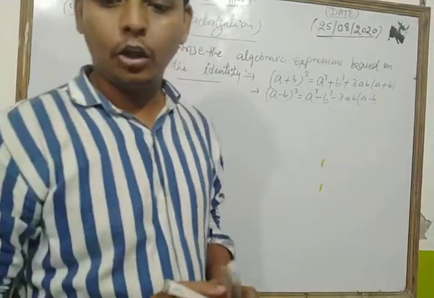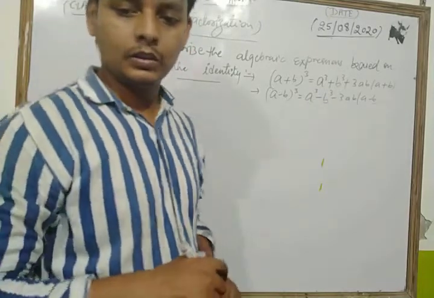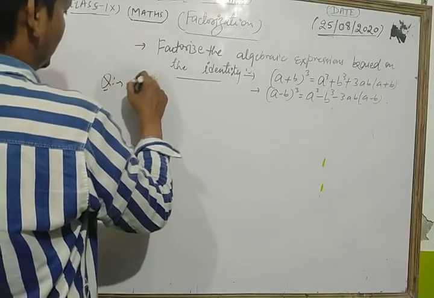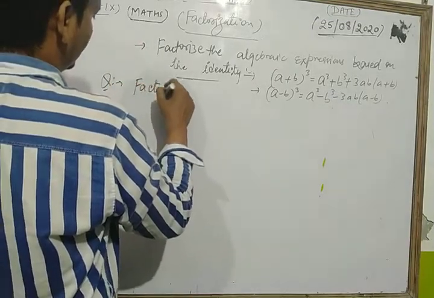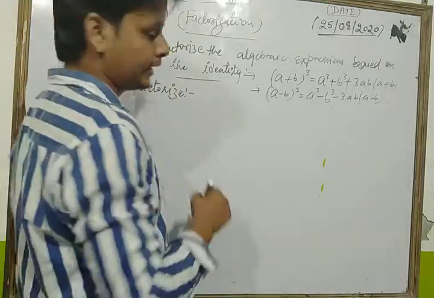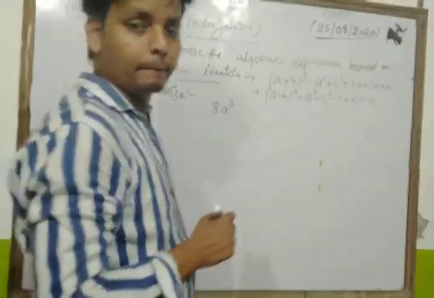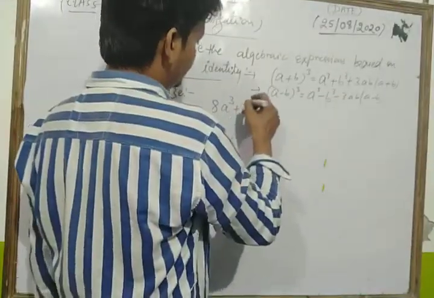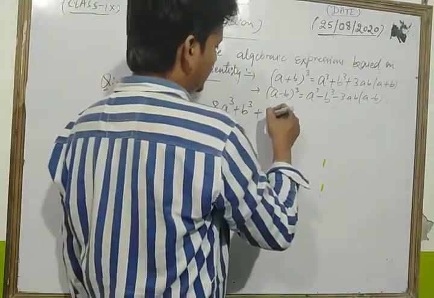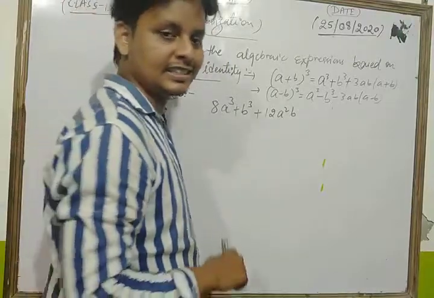Let's see. Now factorize the given algebraic expression. Your question is: factorize 8a cube plus b cube plus 12a square b plus 6ab square.